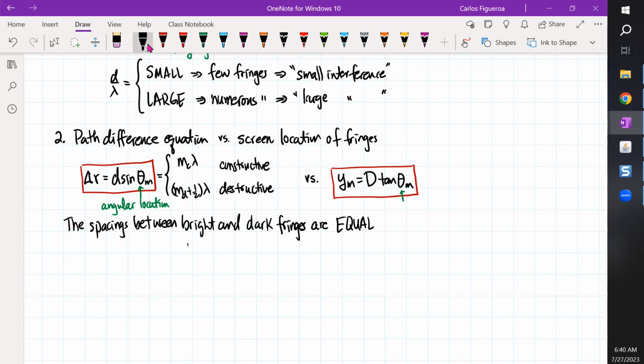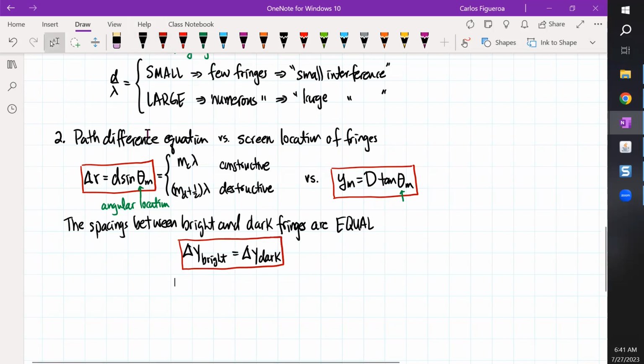In other words, if I look at the screen location between the bright versus the screen location of the darks, those separations are exactly the same. So this is another fundamental difference between interference and, as you'll see, diffraction.